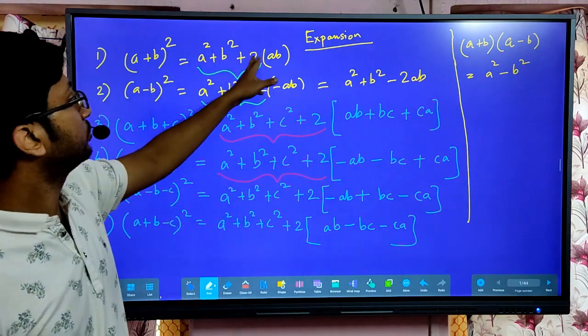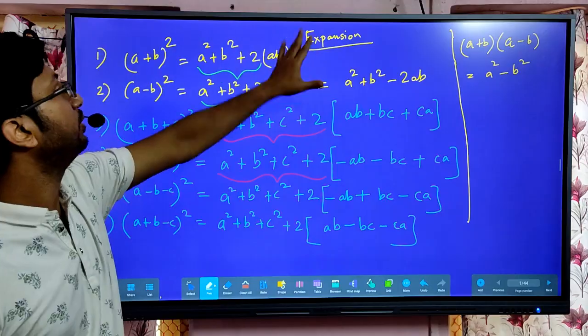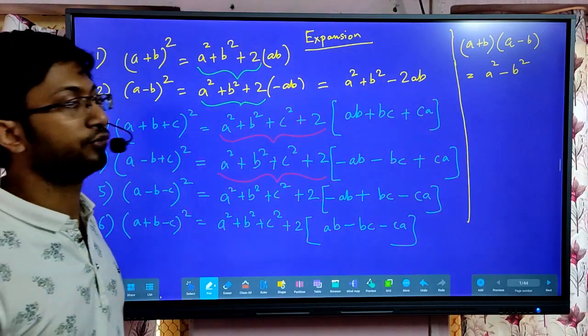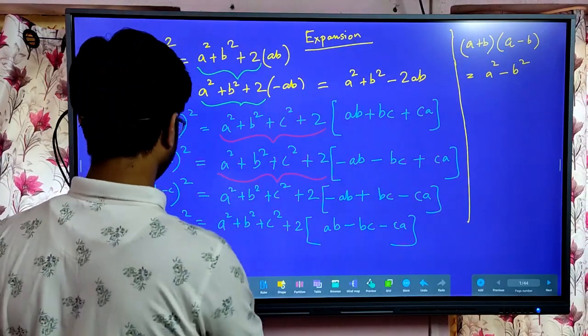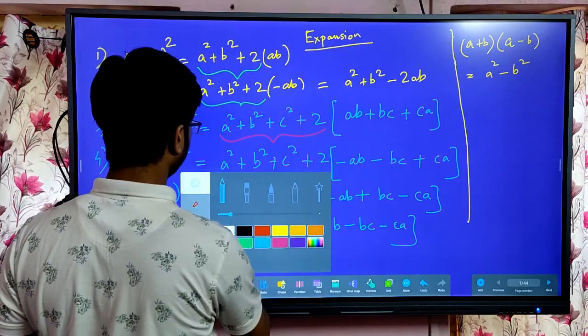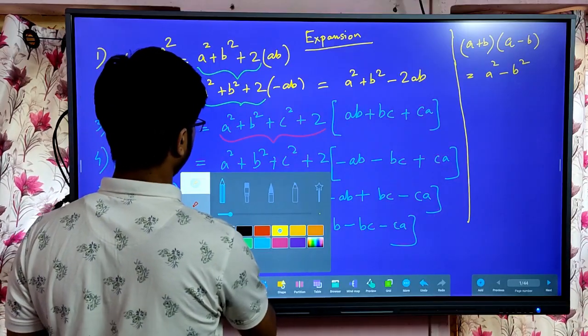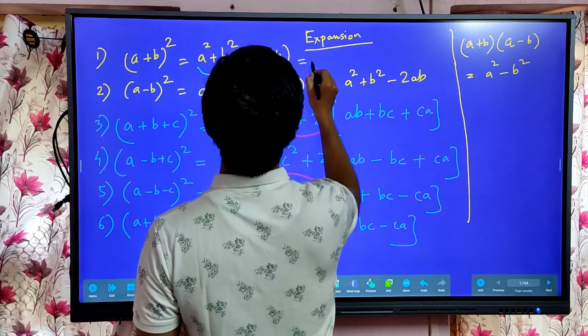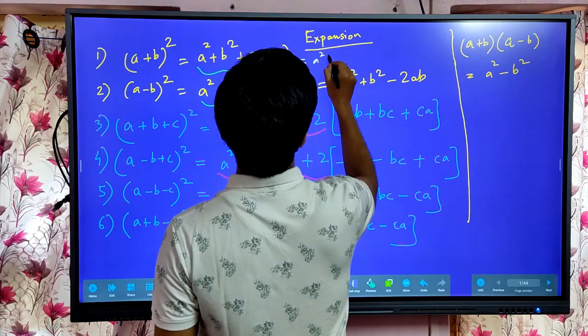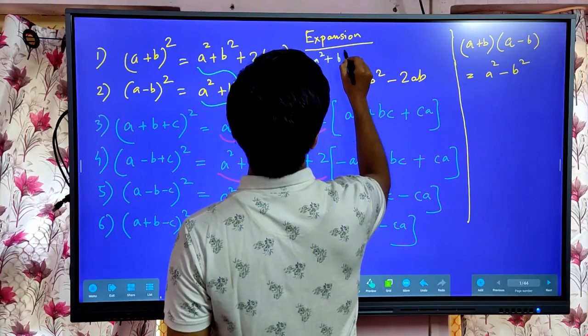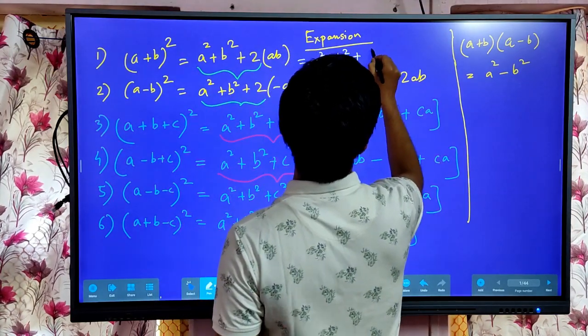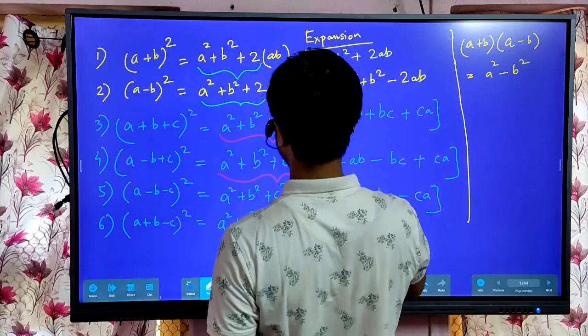And here also in the next step the bracket will be removed. So without the bracket it will look like this: a square plus b square minus 2ab, just like this.